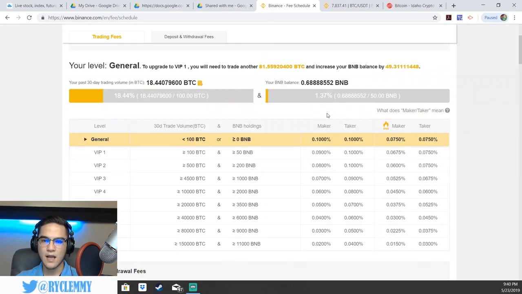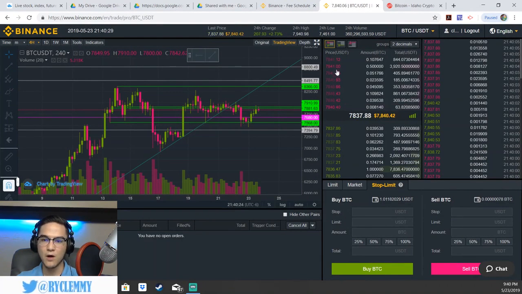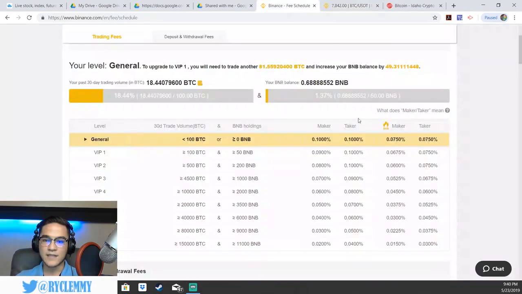There's a maker and a taker fee, okay? So a maker fee is when you are making the market. A maker, for example, would be when you place an order and it goes onto the order book. You're adding volume to the order book, therefore you are making the market. Okay, and then there's a taker fee.